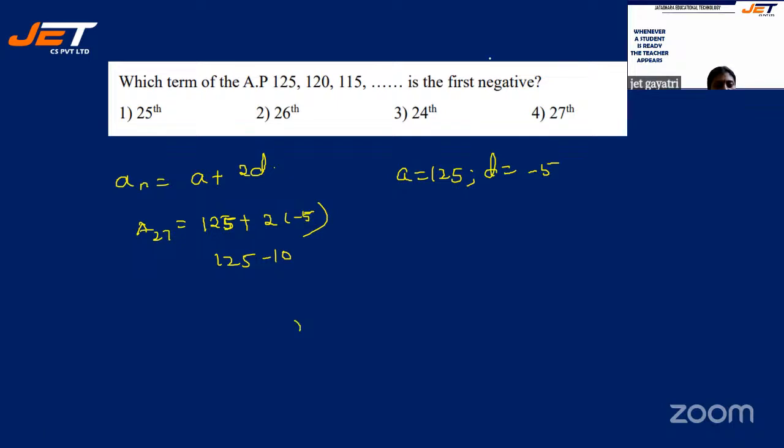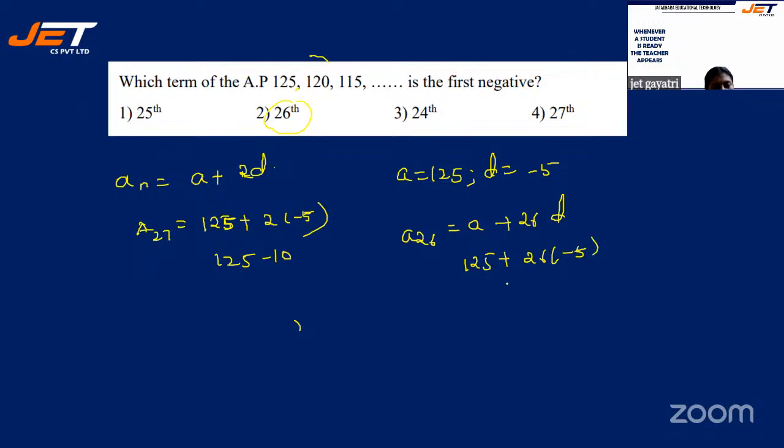You're not getting this, isn't it? So let us take the 26th. I think that you will be able to do the 26th. So a26 is a plus 25d. Let's try. 125 plus 25 into your d, which is minus 5.